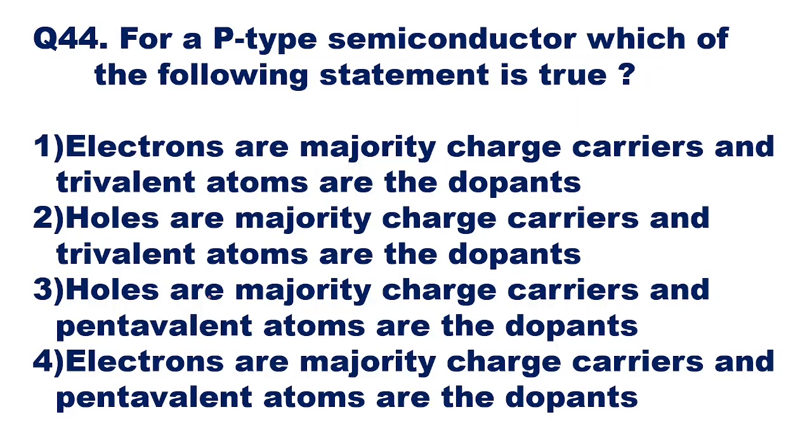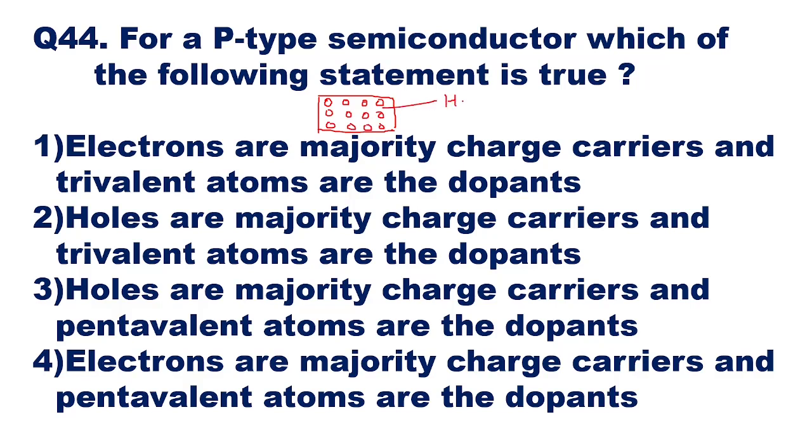Then we'll go to the next question, question number 44. For a p-type semiconductor, which of the following statements is true? Now, if you remember a p-type semiconductor, the majority charge carriers in a p-type semiconductor, as we have seen earlier, will be holes.